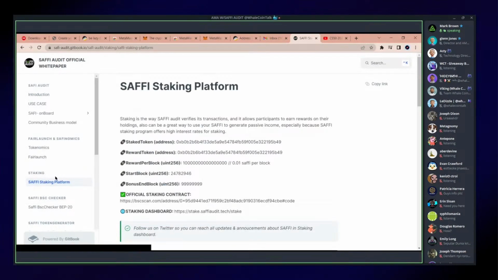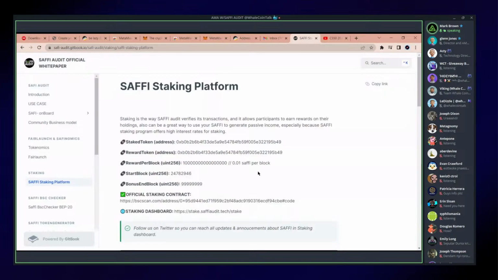So when we go to the staking, we didn't have an exact APY, because not all projects can cover those high APYs. So what kind of APYs are we going to have? We're going to have rewards based on the transactions. As we see here, the reward is 0.01 per block.